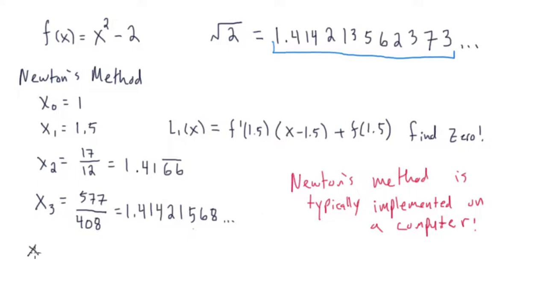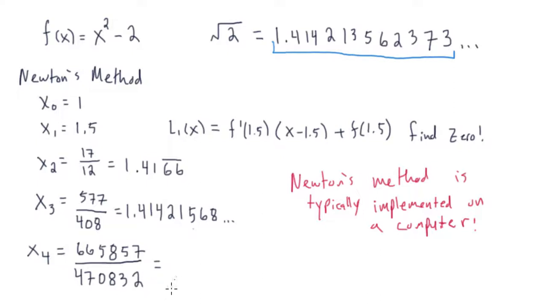And look at what happens if we just do one more step. The 4th step in Newton's method gives, okay, so we linearize the function at x3, find the 0 of that linearization, we get 665857 over 470832.